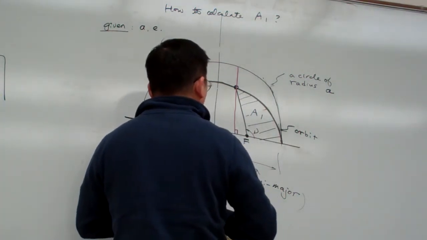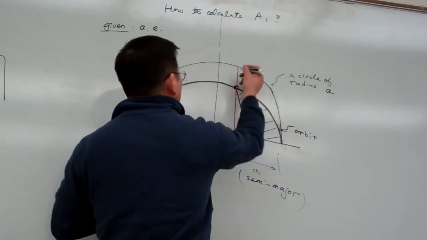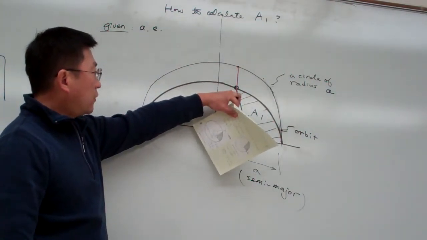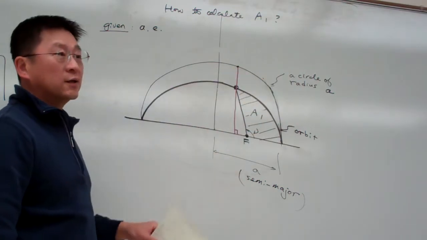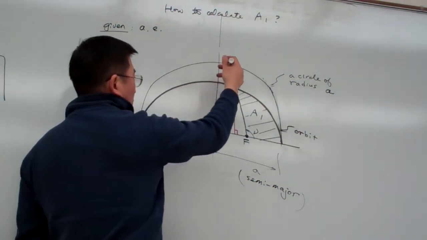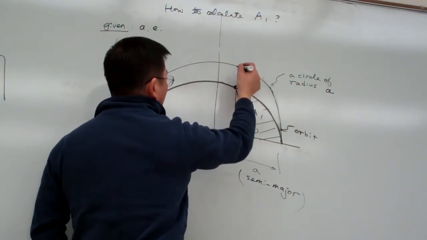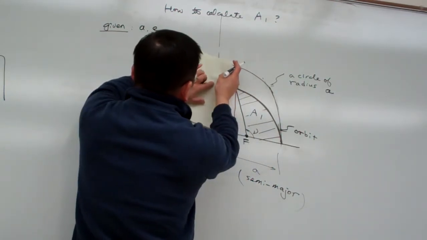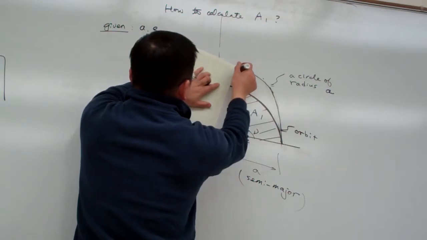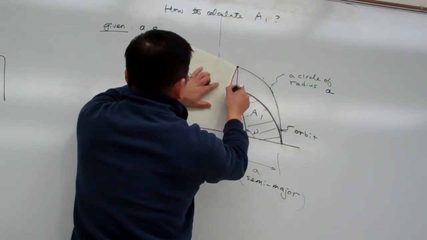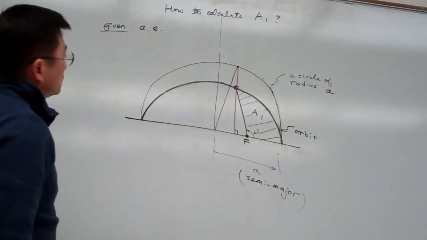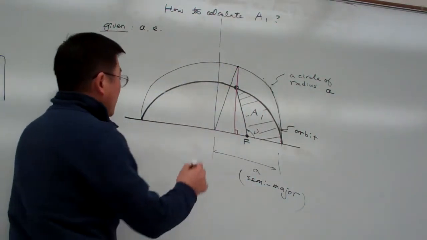From here, I connect to the point corresponding to the projection of the satellite onto the circle. So from there, I connect to the center. Let me draw a line here. Okay, so I'm connecting to here.